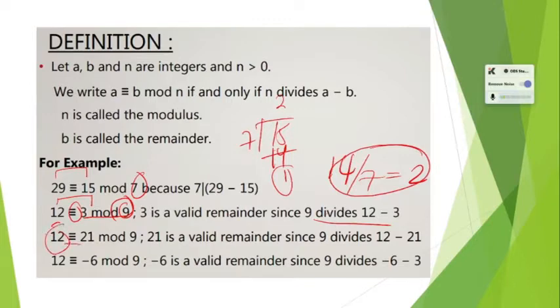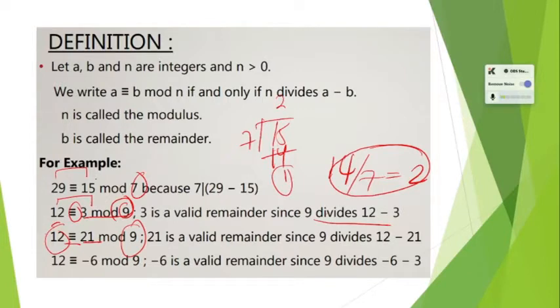Now, let's try this. So, 12, is it identical to 21 mode 9? So, 21 is a valid remainder since 9 divides 12 minus 21. So, no problem. As long as follow mo to kung ano yung nasa mode. Okay? Now, let's go with the last one.